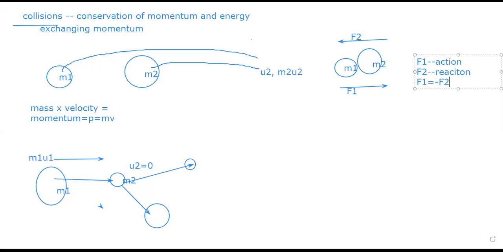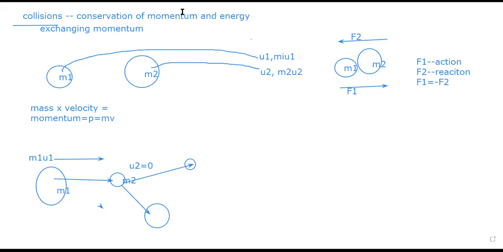So coming to the next point. As I said, momentum: here we have m2 u2, and u1 is the initial velocity for mass m1. After the collision, their velocities are changed.